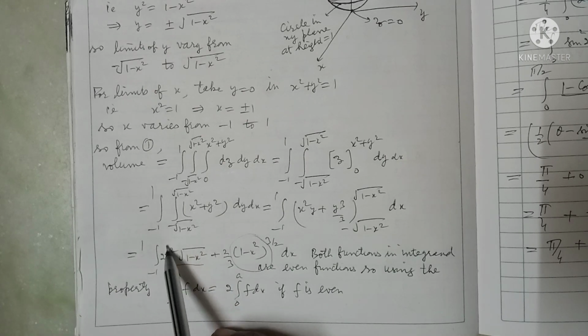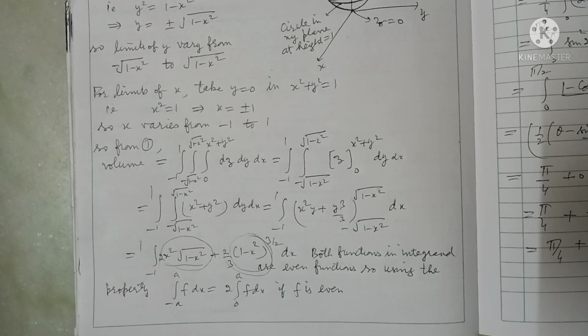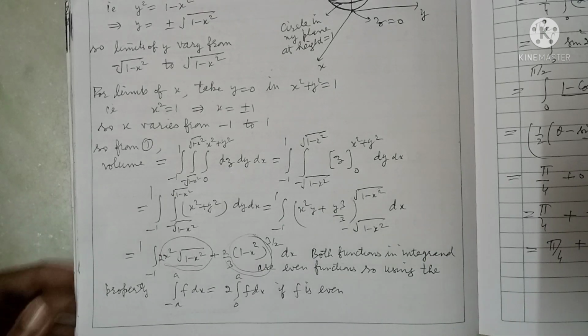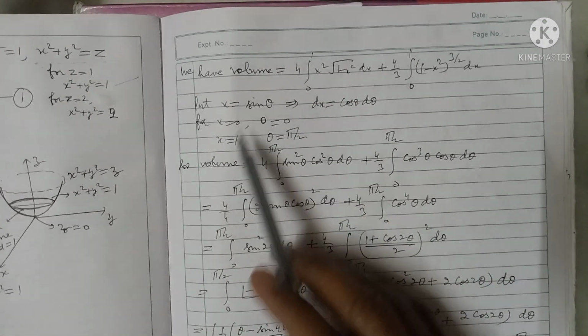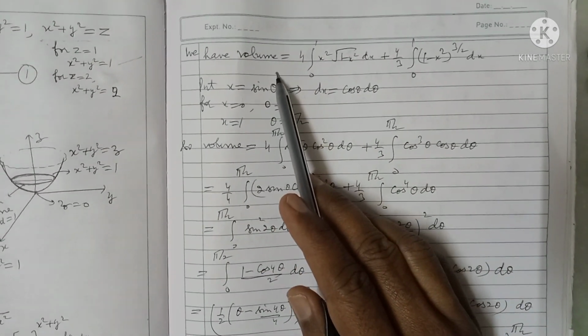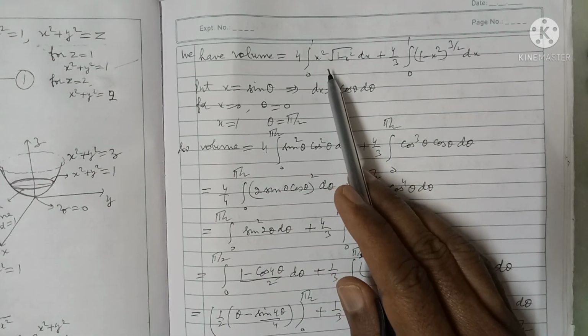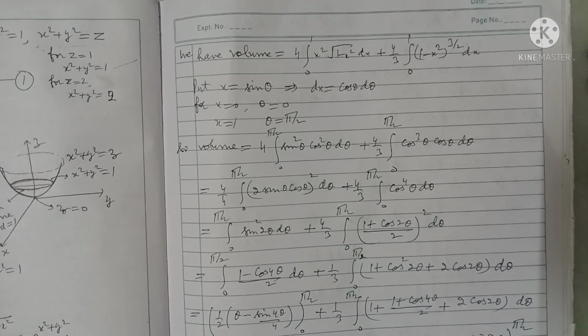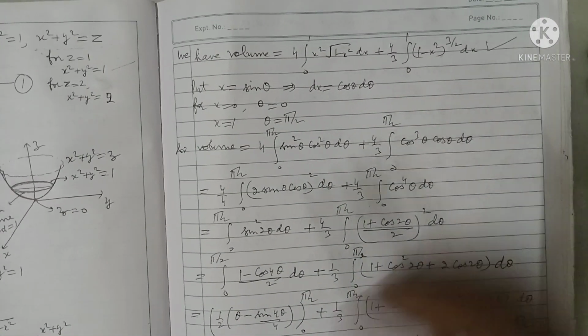Both this function as well as this function, both are even functions. So now again we go back to the volume that was obtained above, and we use the property discussed above. So we get this step, ये step आ जाएगा.